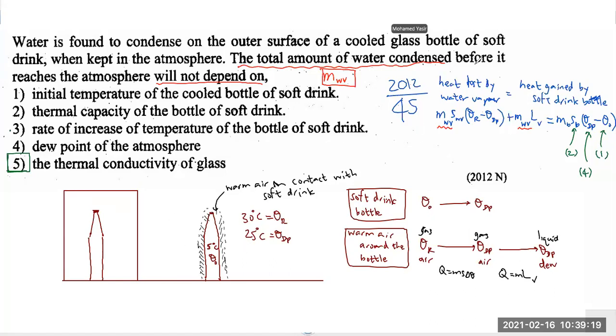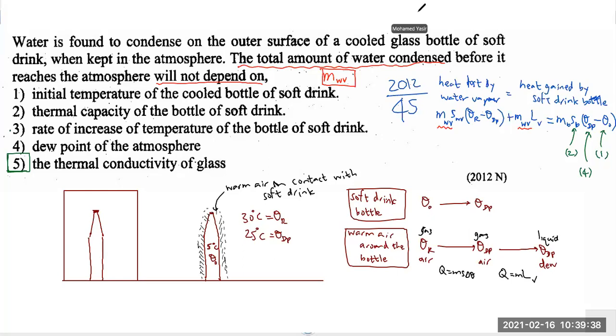Thermal conductivity of glass should be considered if heat is going through the glass. Here, air is in contact with the outer surface of the glass. That's it.